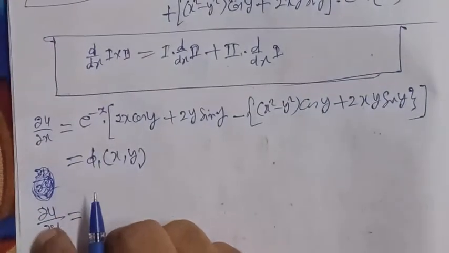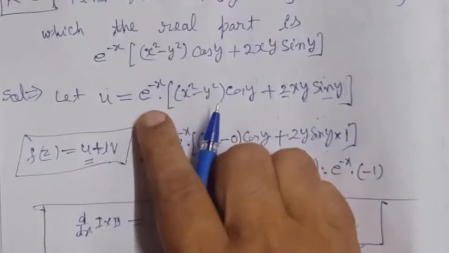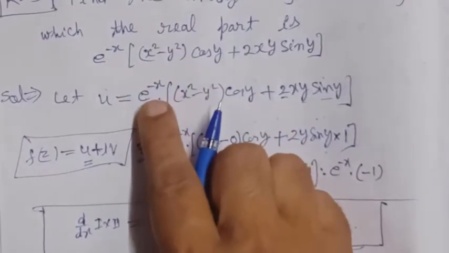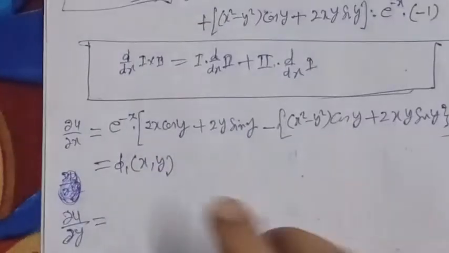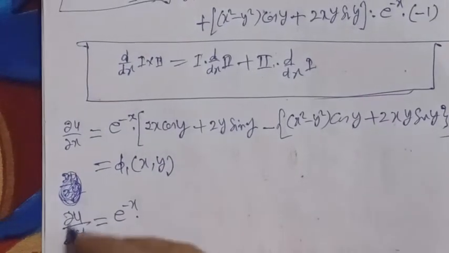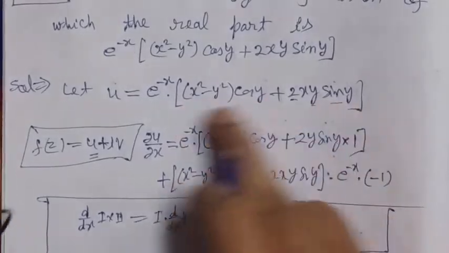Because this is the partial differentiation of u with respect to y, here e to the power minus x is constant, which is a multiplied factor, so we take e to the power minus x outside from del over del y, but we have to differentiate these values in the bracket.